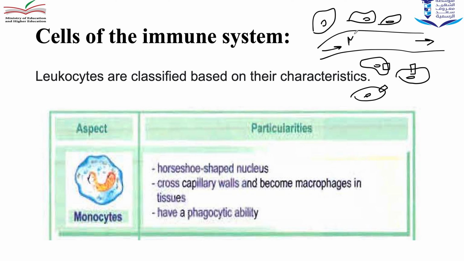So if I have a monocyte, or a lymphocyte, or a granulocyte, all these cells can cross the capillary wall. Why? Because they want to check the cells, whether one of them has non-self. If one of them has a cancer cell, is infected by a virus, or has bacteria or something. We need to check for non-self, and also check whether it is self or non-self.